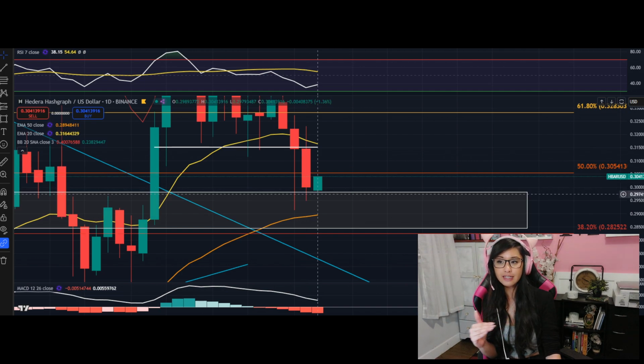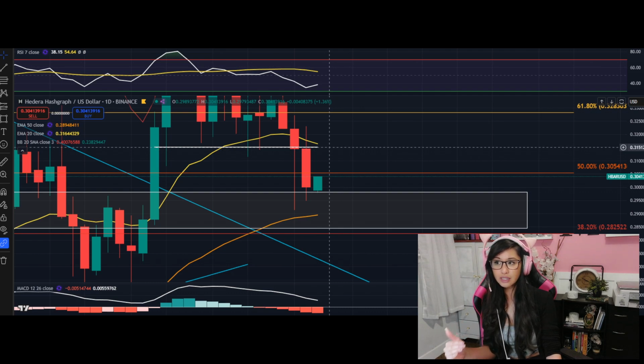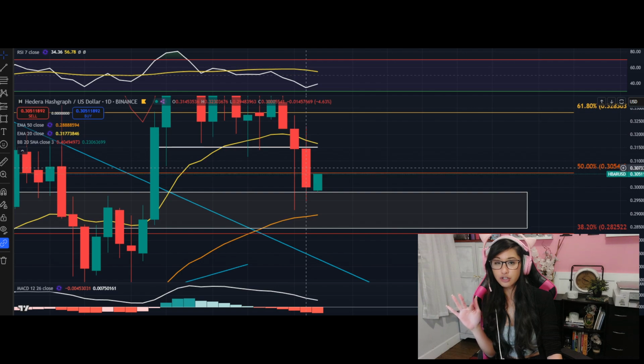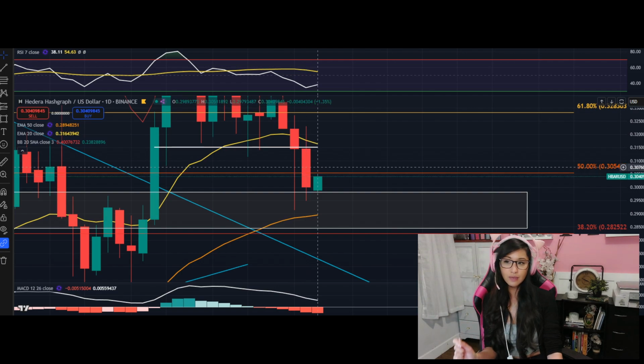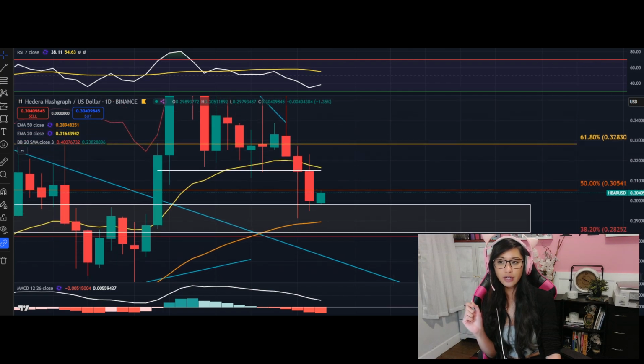They're defending this area of support. Now, for me, to be on the safe side and have that secondary confirmation, we will need to go into tomorrow and see if we're seeing any green engulfing candlesticks, green bullish candlesticks after a potential piercing bottom. And that will give us confirmation that the price is going to come up to an area of resistance.